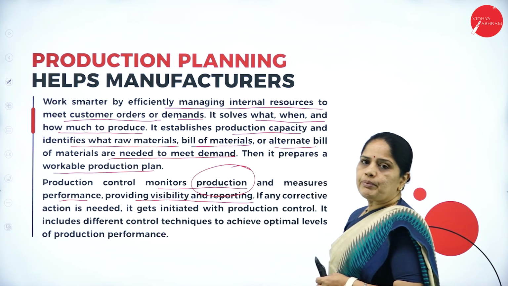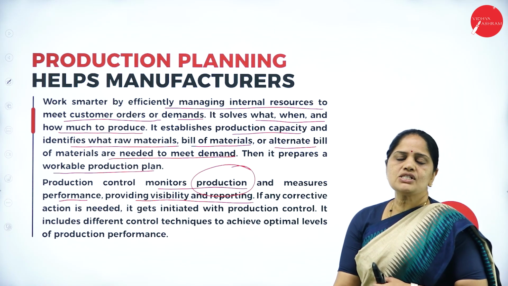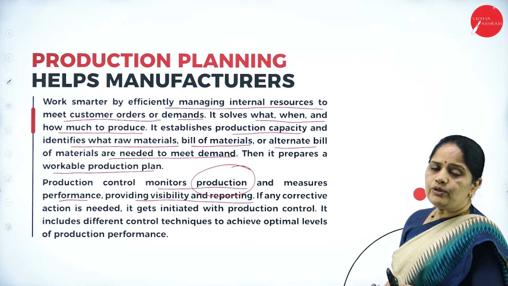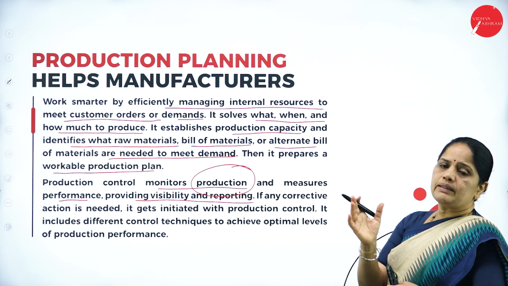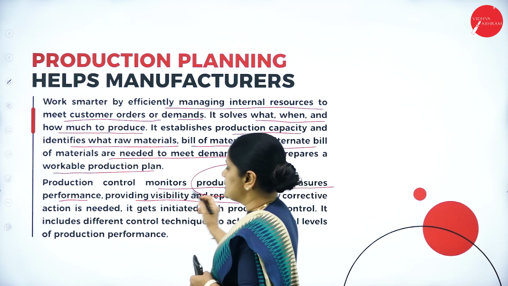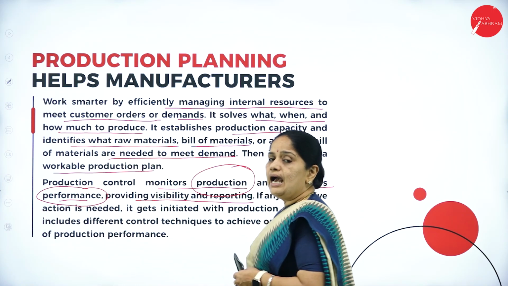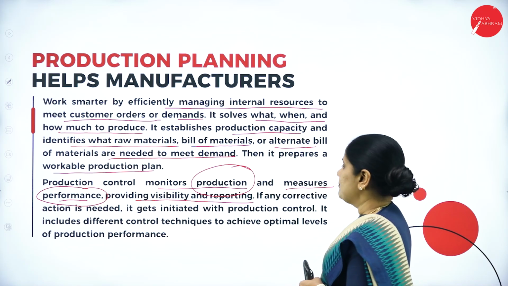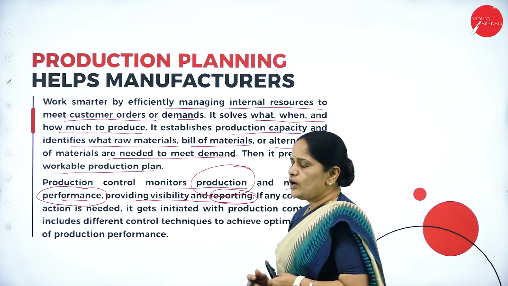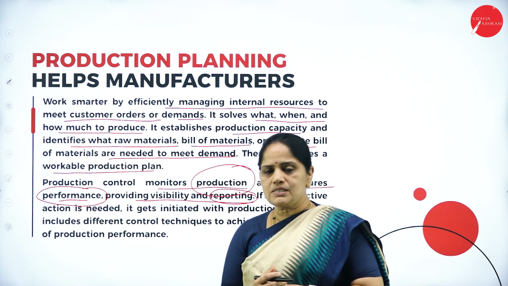Monitoring the production will be done only if you have a plan for production. If there is no plan, how will you monitor the production? We have to monitor in order to see that the production is as per the plans and measure the performance. So what is the planned performance and what is the actual performance will be measured here. Providing visibility and reporting means what is actually being done.